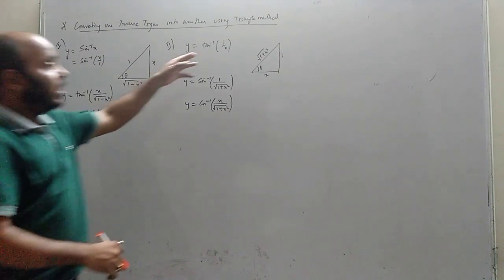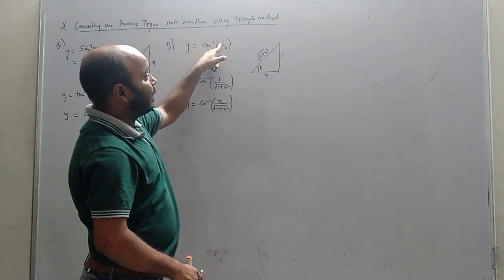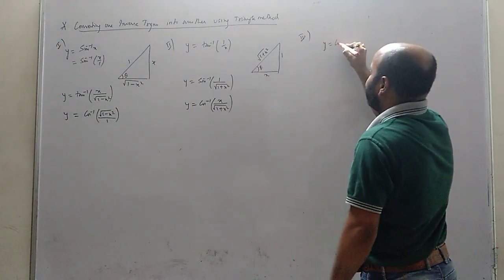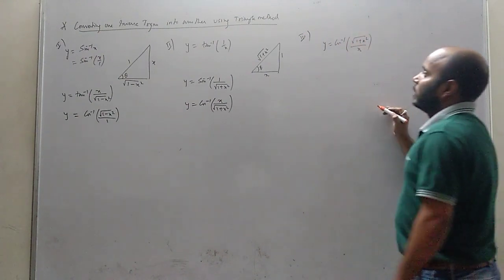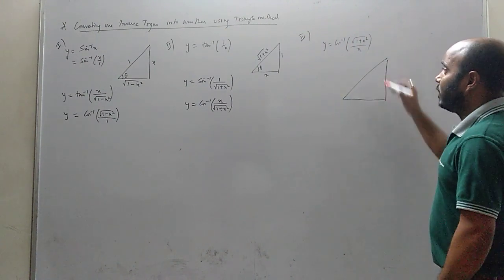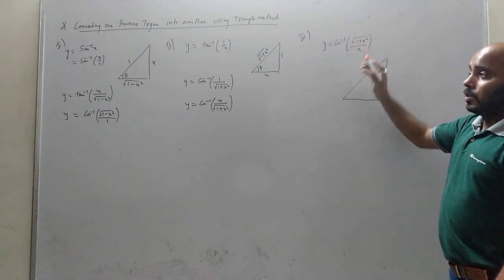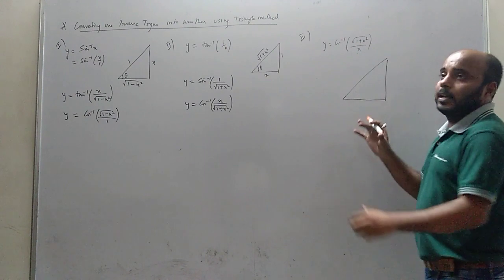Here we can have anything. It's not like only x, only 1. It can be like this also. For example, I have cos inverse of under root 1 plus x square by x. I won't complete the triangle for this. Cos inverse this by this. What I want to say is that here it won't always be 1 or x, it can be anything.